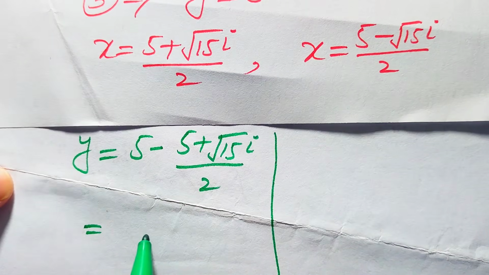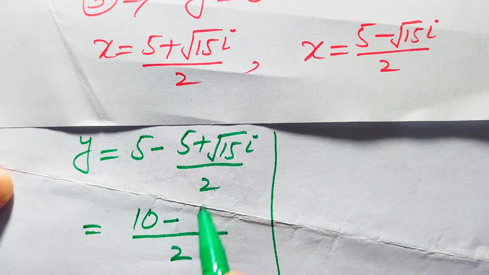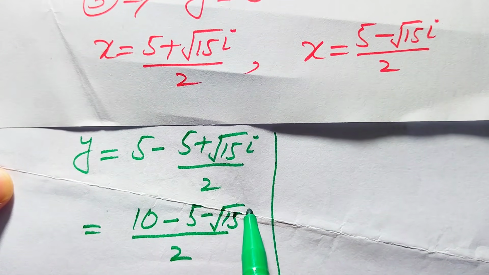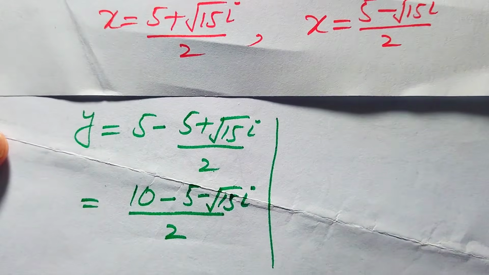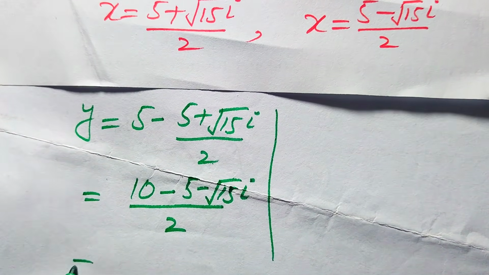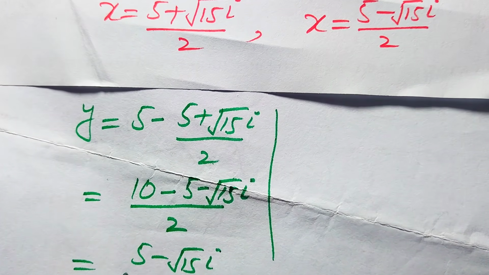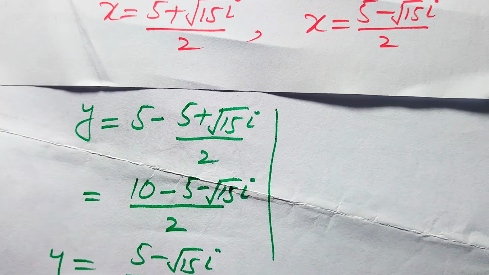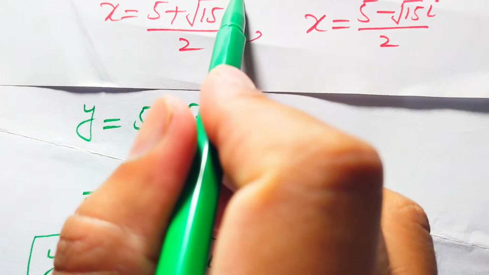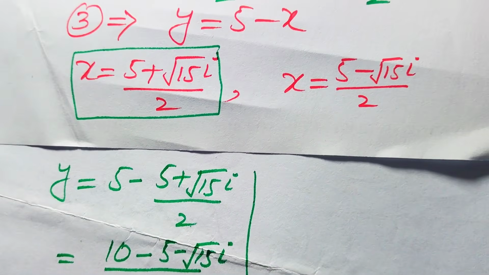We take the LCM, which becomes 2, and we get 2 times 5 becomes 10, minus 5 minus square root of 15 times iota, with the 2 and 2 gone. With more simplification, it becomes 10 minus 5, which is 5, minus square root of 15 times iota, divided by 2. This is the value of y corresponding to this value of x. In the same pattern, we need to verify the second value of x.